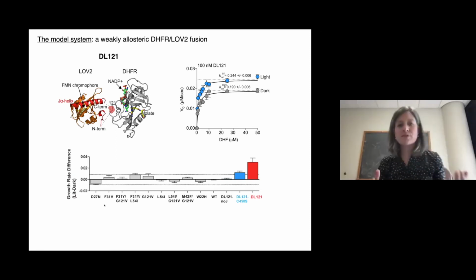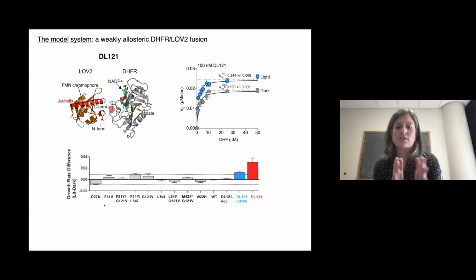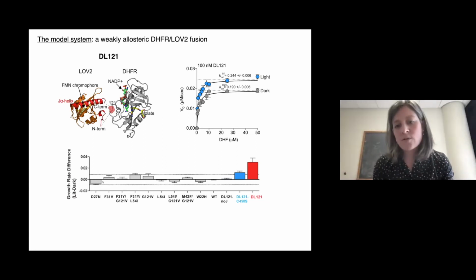We're going to measure growth rates for our mutants in the light, measure growth rates for our mutants in the dark, and then subtract the two. In prior work, we had seen that for DL121, this 28% difference in catalytic activity translates into about a 20% growth rate difference in the light.